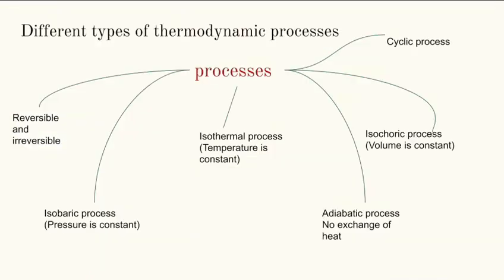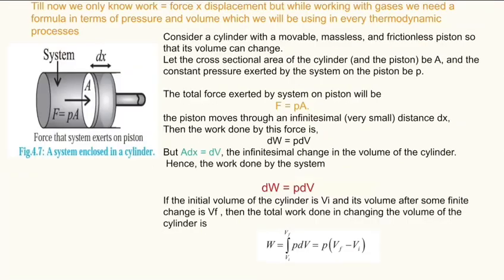Now looking at our isobaric process, in which pressure is kept constant. In real life we cannot keep pressure constant. As you know, the gas closer to the piston will exert more force on the piston, and the gas away from the piston will exert less pressure on the piston. So there is definitely varying pressure.